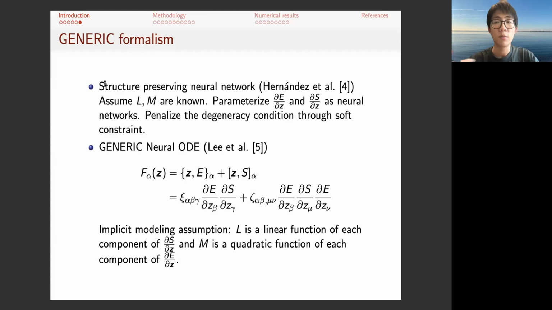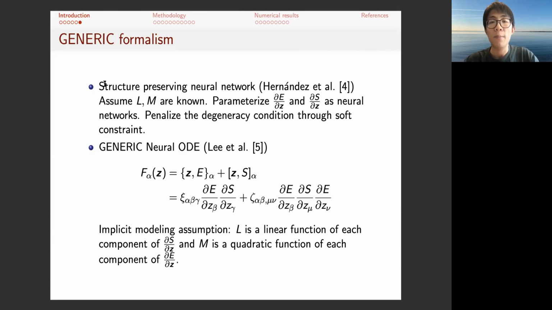And actually there have already been two works focusing on utilizing the generic formalism in the data-driven discovery of dynamics. One of the first works is called the structure preserving neural network. They assume that in the generic formalism, L and M are known, and they parameterize dE/dz and dS/dz as neural networks.